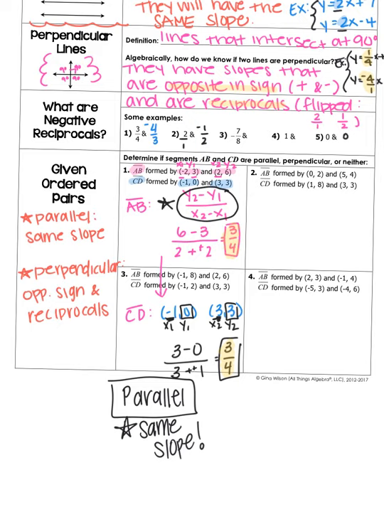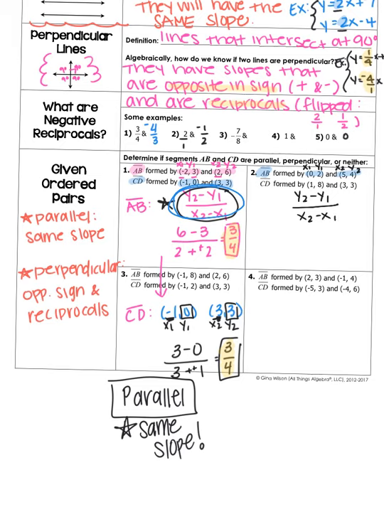All right, we're going to do the same exact thing for question number 2. So let's first find the slope of AB. So I'm going to use the coordinate 0, 2, and 5, 4. So we plug them into our slope formula. So let's label them x1, y1, x2, y2. Plug them into our formula, y2 minus y1 over x2 minus x1.